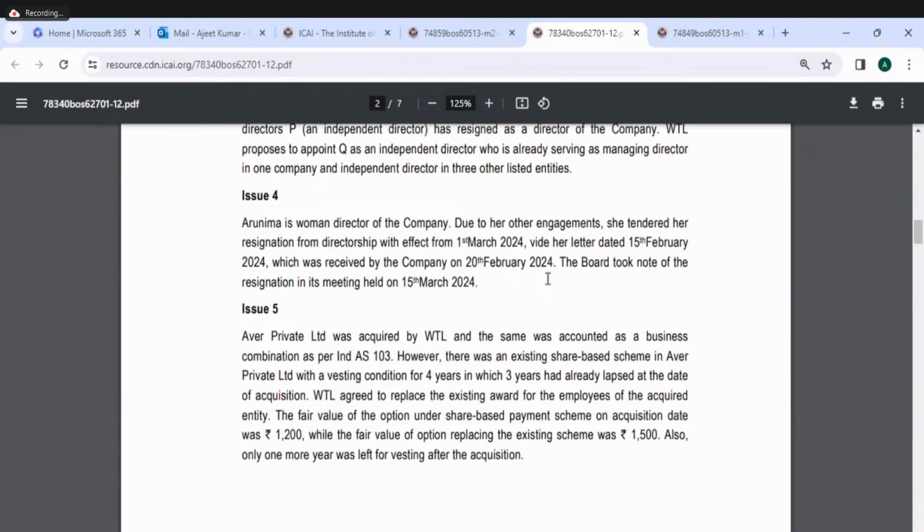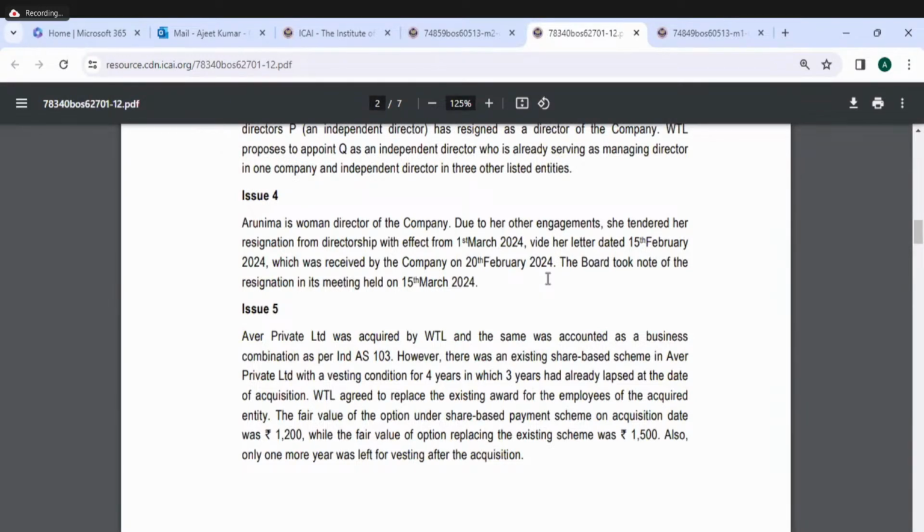So the Companies Act 2013 has introduced the concept of women director, and they are trying to increase the role of women directors.